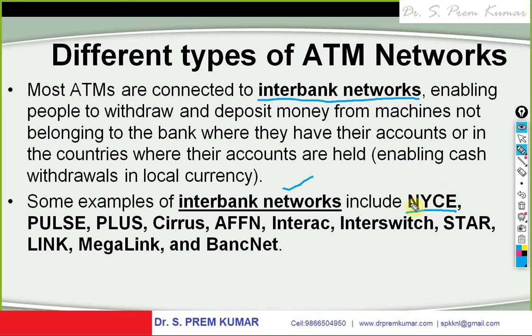It is the responsibility of NYCE to see that the communication is going on between the various machines and the head office. There is Pulse, Plus, Cirrus, AFFN, Interac, Interswitch, Star, Link, Megalink, and BankNet. There is a host of organizations which take care of interbank networking.